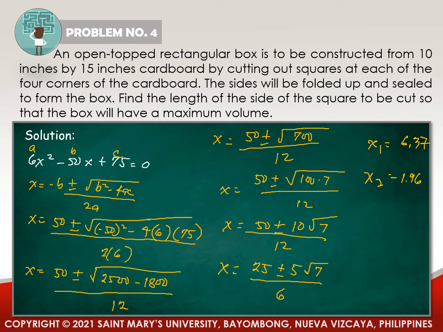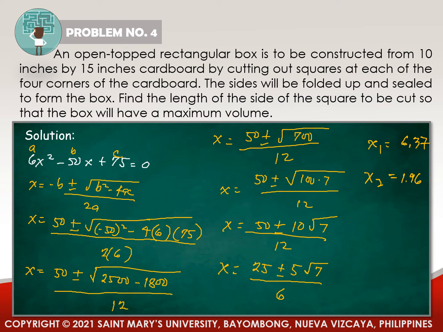So 1.96. Okay, there are two possible values of x. So which one do you think we will use here, the 6.37 or the 1.96? Okay, let's look at the problem. The problem says our width is 10 inches.